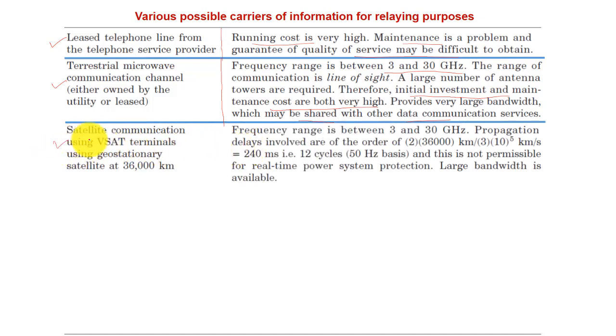The third one is satellite communication using VSAT terminals with a geostationary satellite at 36,000 km. The frequency range is between 3 to 30 gigahertz. The propagation delay involved is of the order of 2 times 36,000 km divided by 3 times 10 to the power 5 km per second, length divided by speed. That becomes 240 milliseconds, which is 12 cycles.